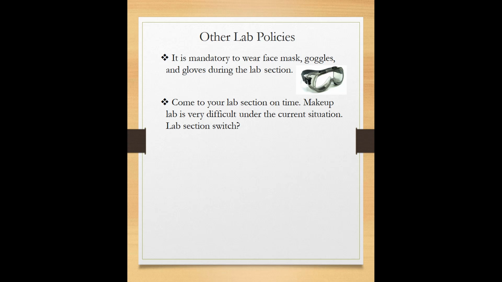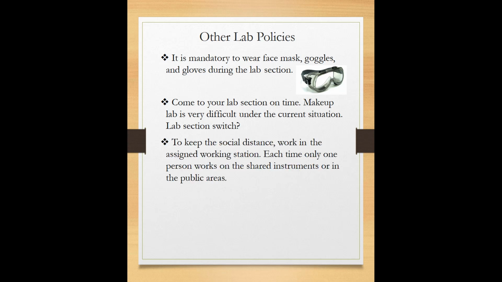In other words, if you want to do a makeup lab, you can only do it in week 1. The same thing goes for lab section switching: all labs are pretty much full, so that will be pretty hard. But if you have to switch labs, please let me know as early as possible.